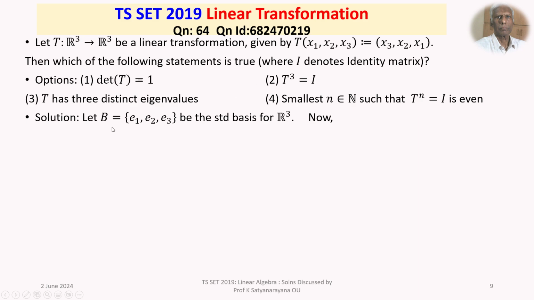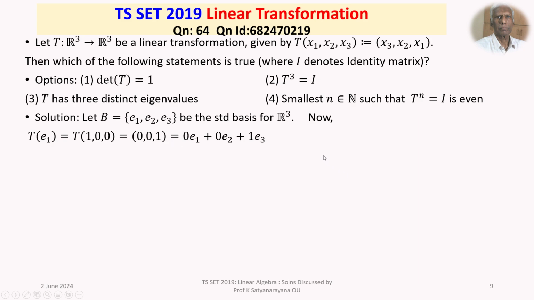Now let us take the standard basis B is equal to the set {E1, E2, E3}, the standard basis for R cube. Now, T of E1, the image of E1 under T. So, T of (1, 0, 0). So, (1, 0, 0) will go, in the reverse order, to (0, 0, 1). You write it as a linear combination in terms of E1, E2, E3: 0 E1 plus 0 E2 plus 1 E3.